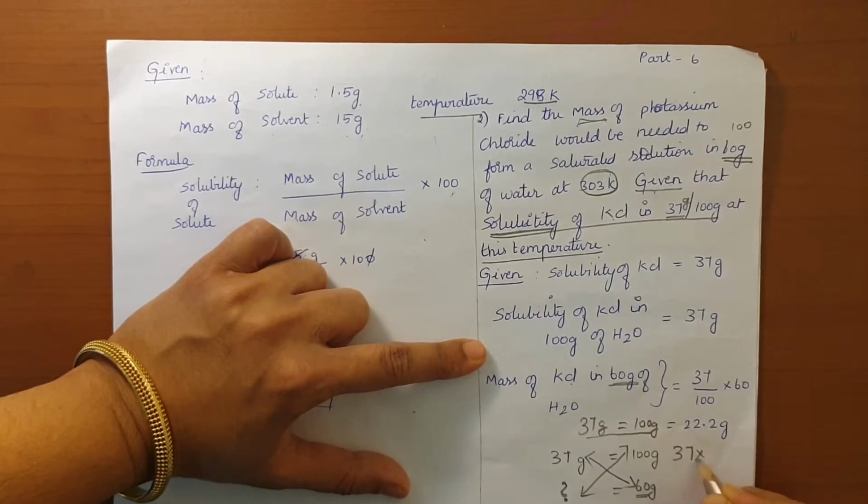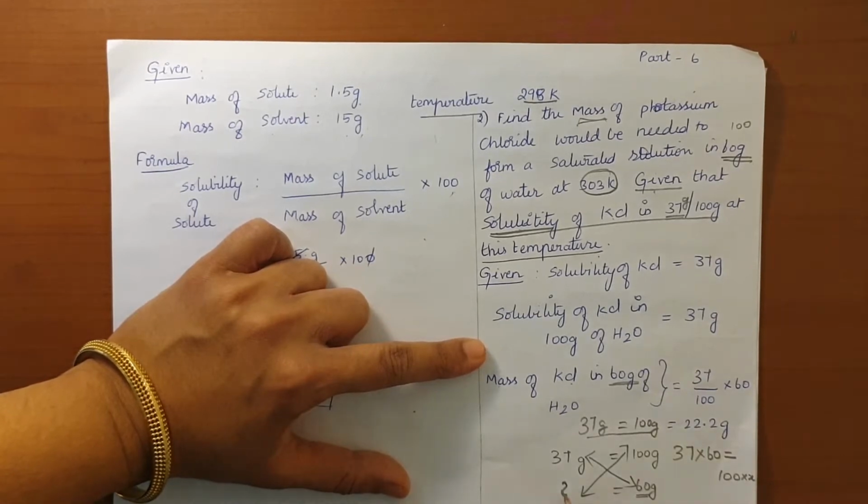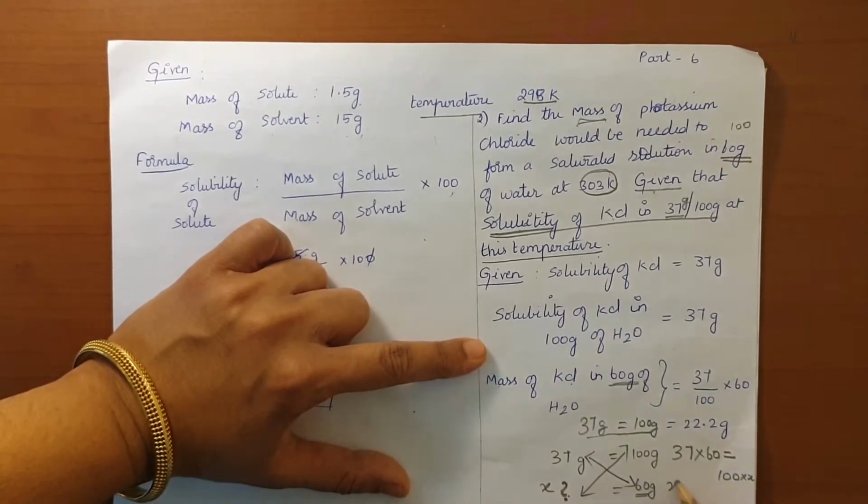What will you get? 37 into 60 is equal to 100 into x. I am taking this question mark as x. I don't know what it is, it is a variable, so I am taking it as x. Now this x will be equal to 37 into 60 divided by 100.